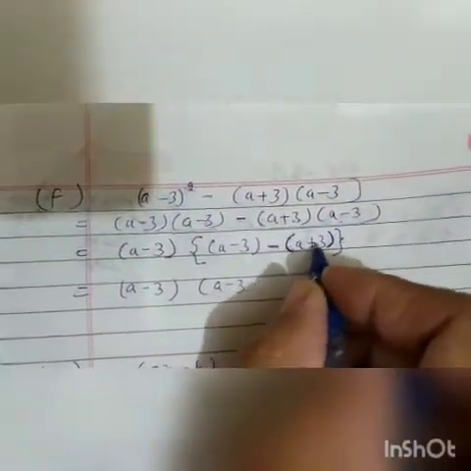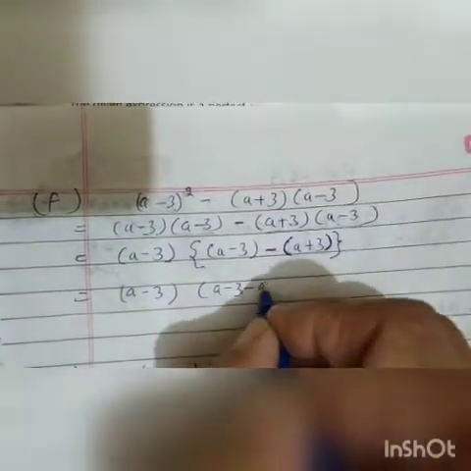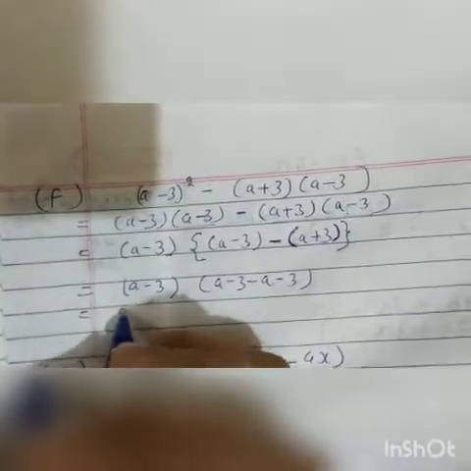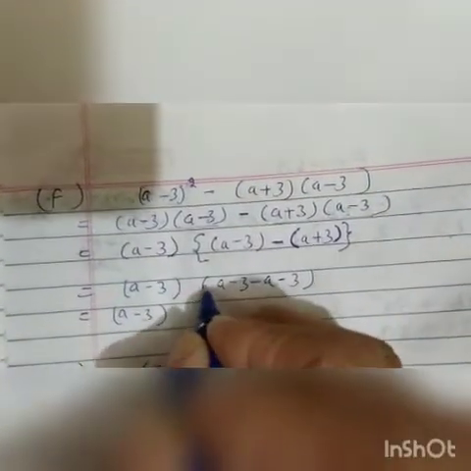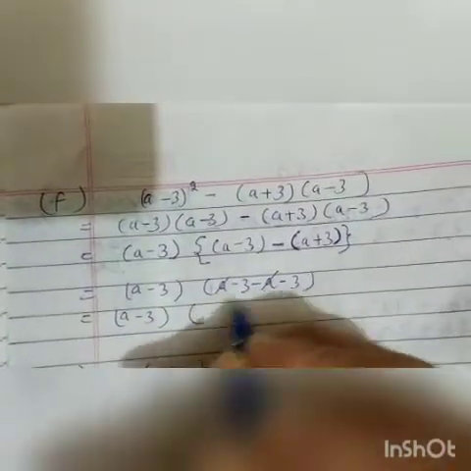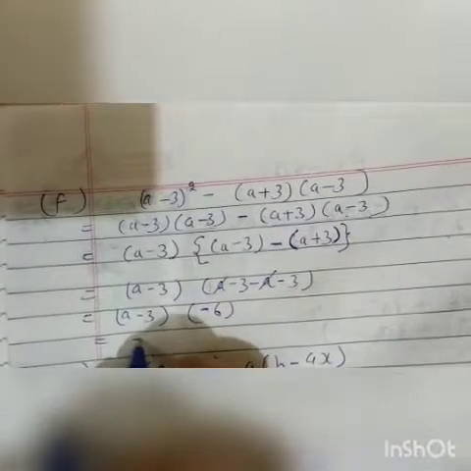Then we will write this plus a as minus a, this plus 3 as minus 3. Now a minus 3, this is plus a, this is minus a. These are cancelled. Minus 3, minus 3, it is minus 6. Now write this minus 6 in the starting like this, then this a minus 3.